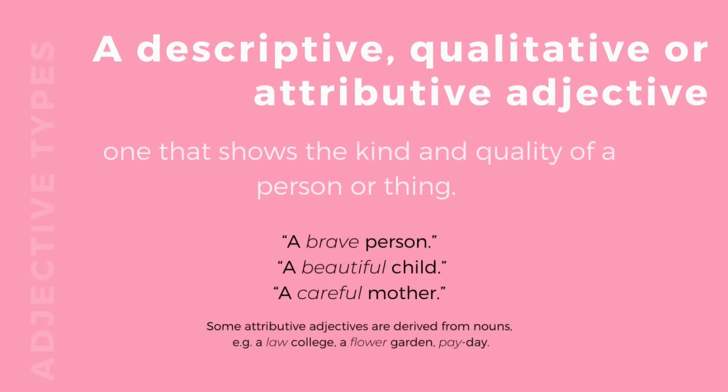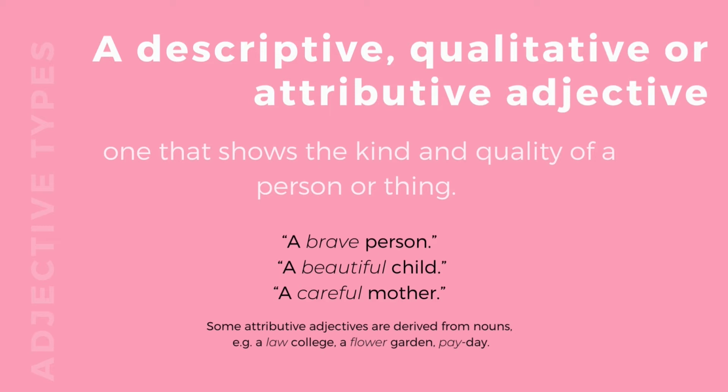Next is a descriptive adjective. It can also be called a qualitative or attributive adjective, as it is the one that shows the kind and quality of a person or thing. Let's see through examples. A brave person, a beautiful child, a careful mother.